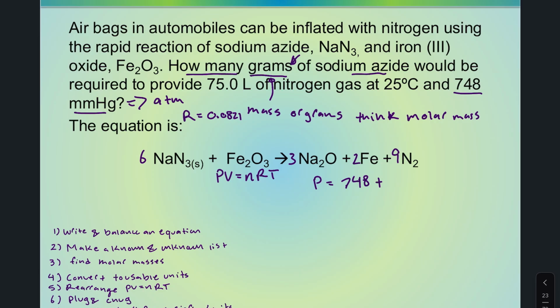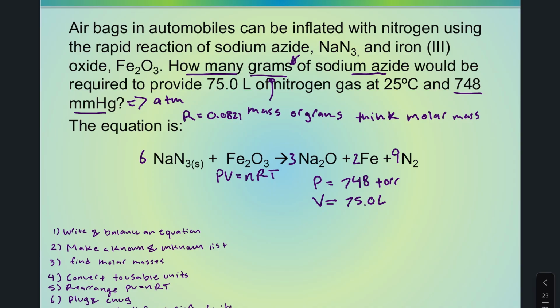I'm gonna put torr here because it's just quicker, it's fewer letters. V, our volume. We do know our volume. It is 75.0 liters, which is excellent because we know already that we are in liters, which means that we do not have to convert to liters.